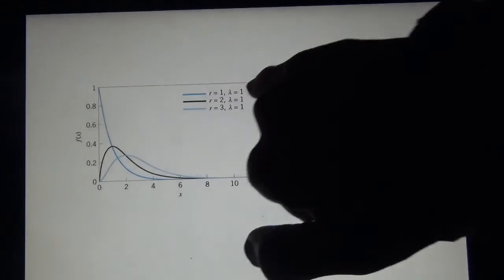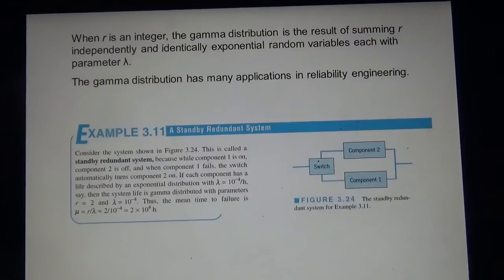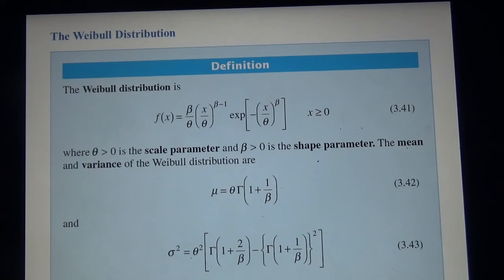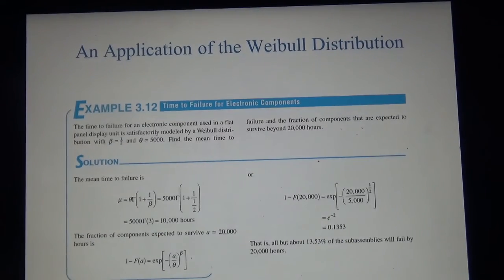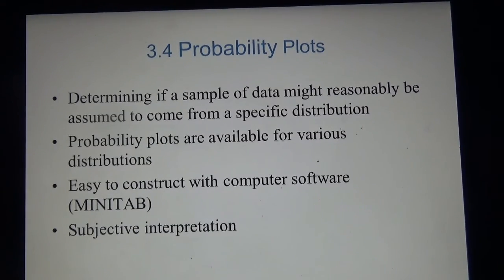Different r values give us different shapes of the diagrams. The Weibull distribution looks complex. Again, there are examples. And here come the probability plots.